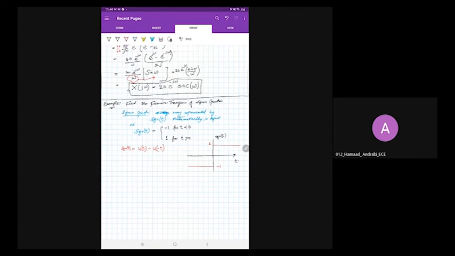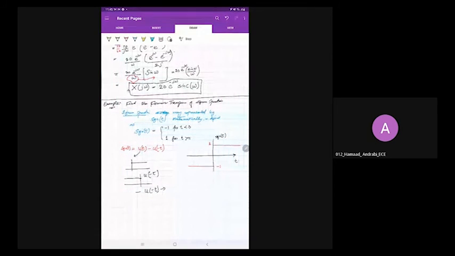What is this step function? U of t is this. Okay. What is u of minus t? U of minus t would be like this. And what is minus times u of minus t? That will be this function.